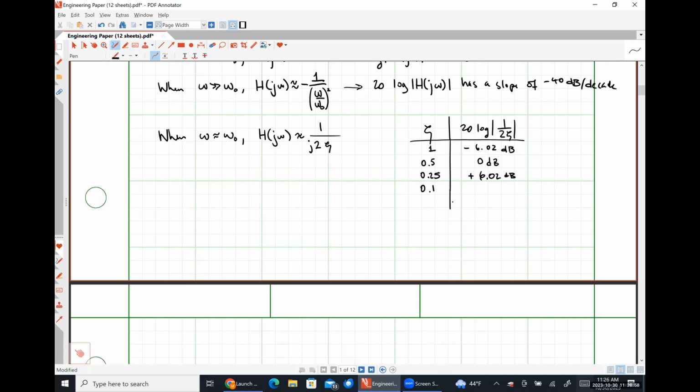For 0.1, that's going to look like 20 log of 5, right? So 20 log of 1 over 0.2 is the same thing as 20 log of 5 because 1 over 0.2 is 5. So 20 log of 5 is 13.979 or about 14 decibels.